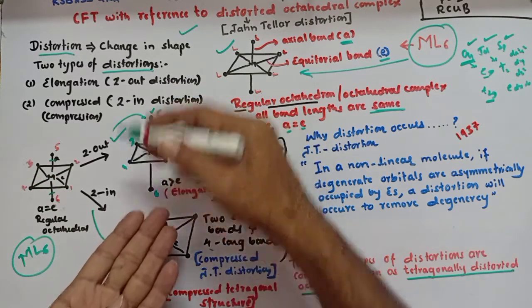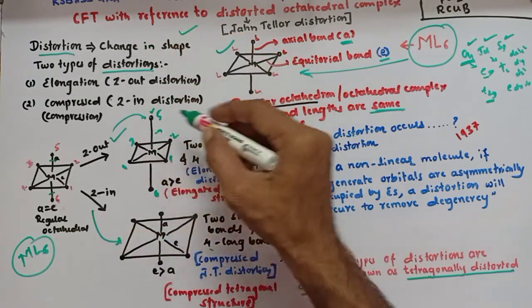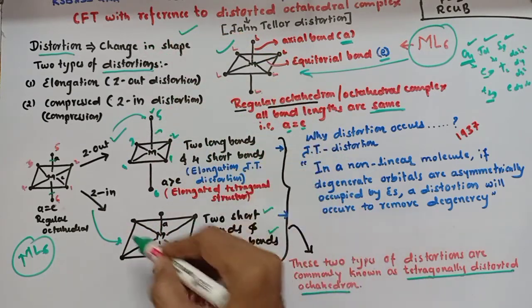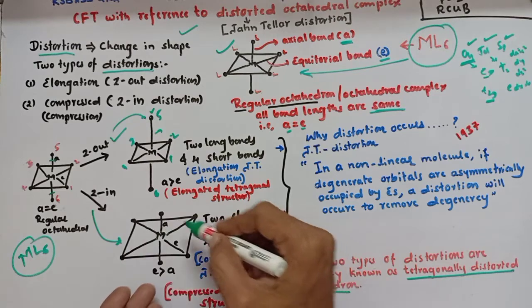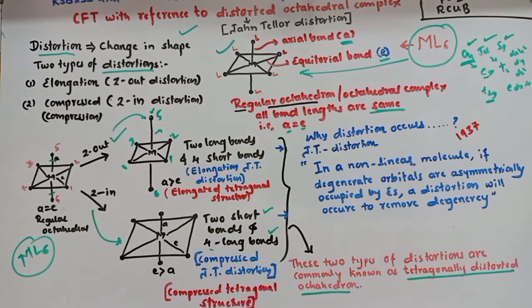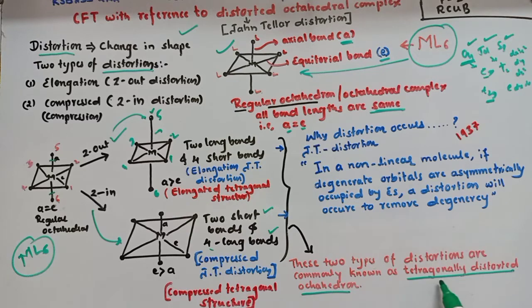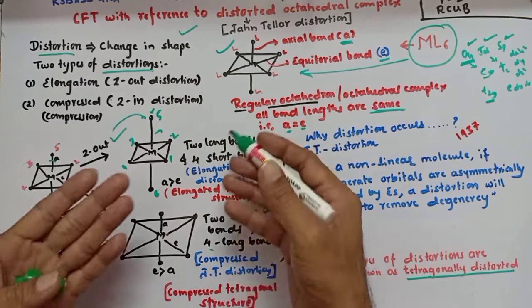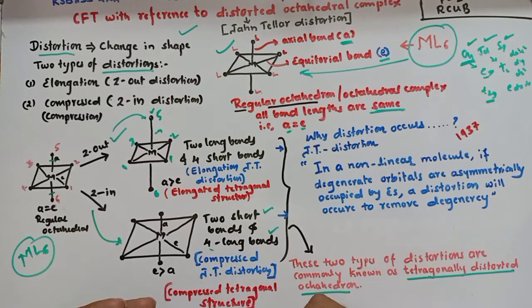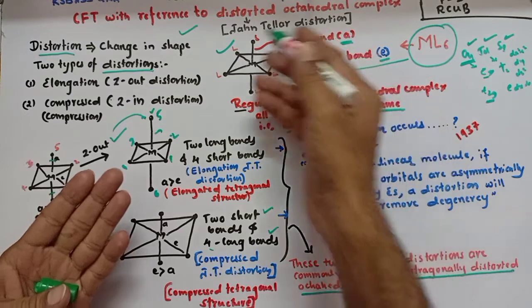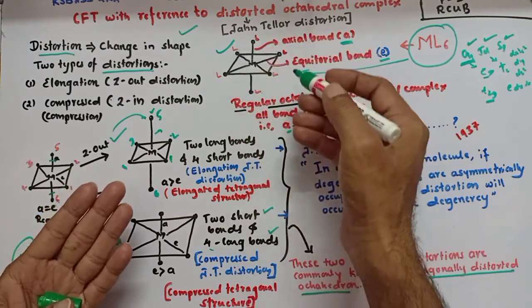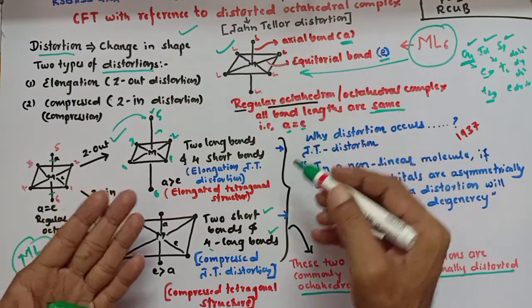In case of elongation distortion, two long bonds will be there. In case of Z-in distortion, two short bonds will be there. Now the question comes, why does the distortion take place? Why are we not always getting a perfect or regular octahedral structure?